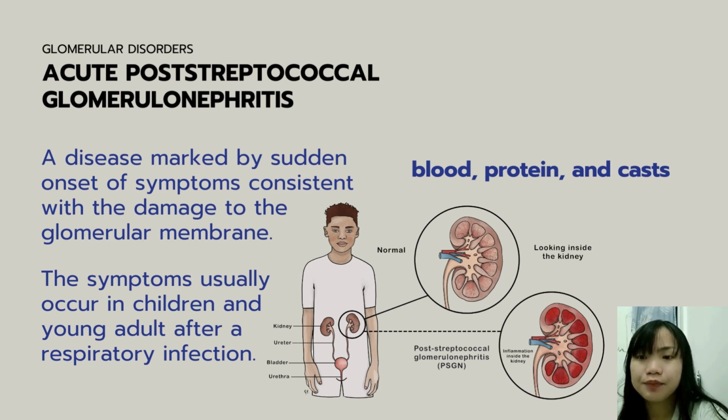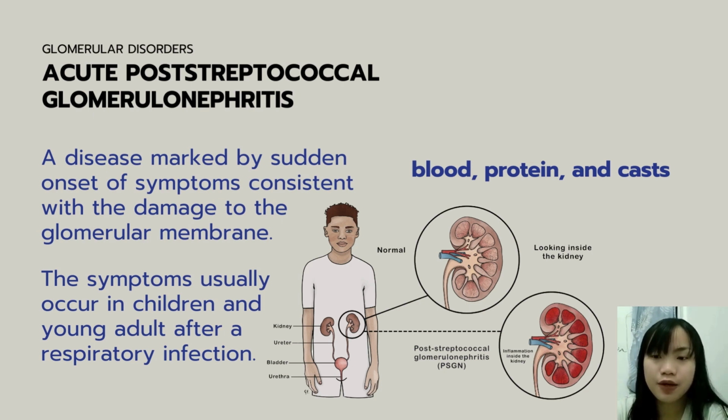And then, pwedeng maging renal failure. So, yung nephrotic syndrome natin, broad term siya sa disease that affects the whole nephron. We all know that the nephron is the functional unit of the kidney. So, ayun, pwede siyang mag-progress into renal failure.